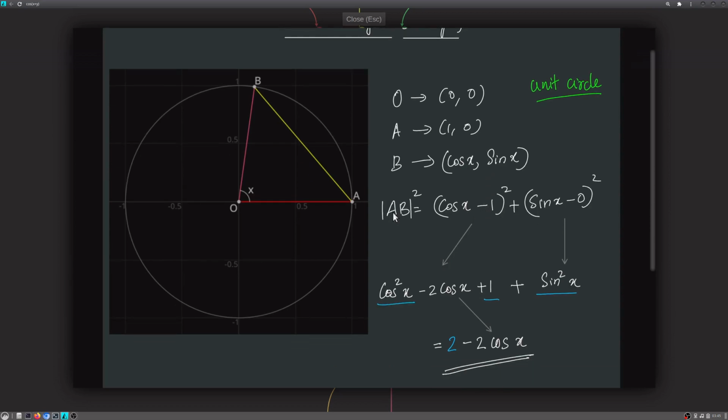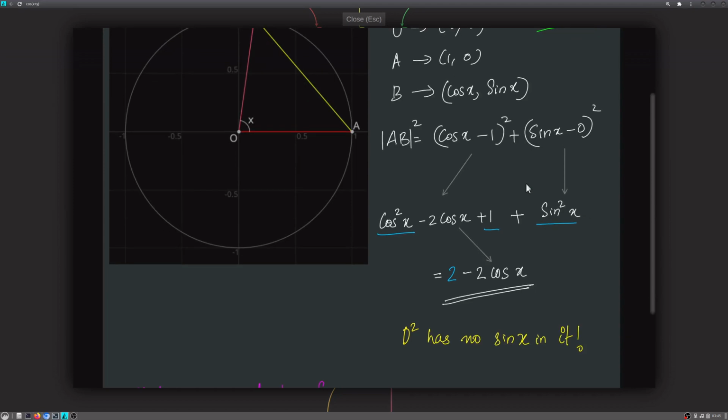Now we are going to find the length square, because for the proof we don't actually need the length, we only need the length square. And here you can see that there is a cos x minus 1 term here, cos x minus 1 whole square, plus sin x minus 0, sin x minus 0 whole square. If you expand this one, you get cos square x minus 2 cos x plus 1.